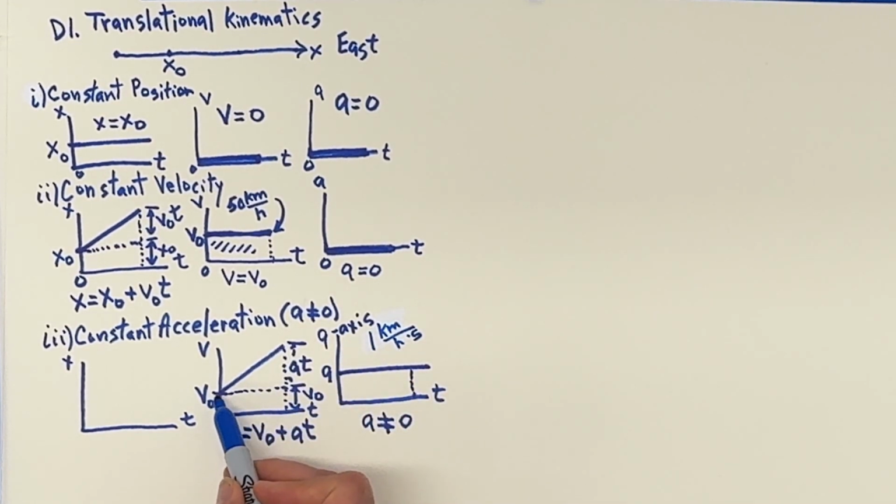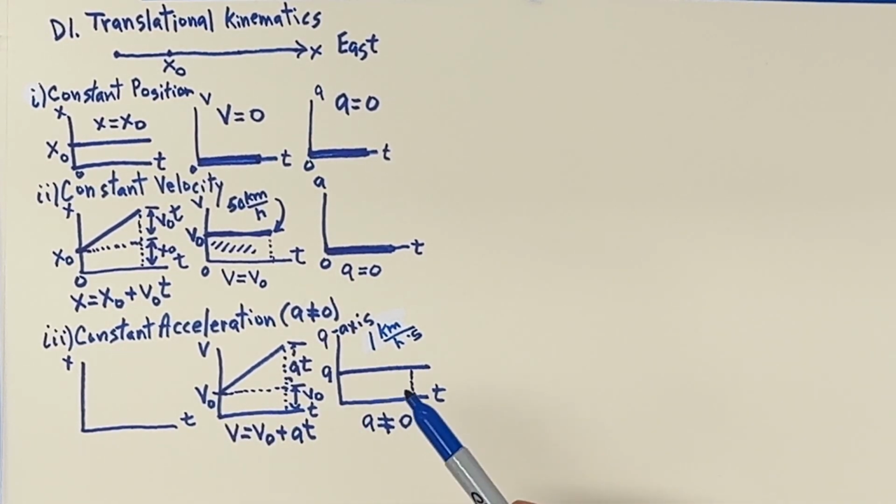We could say we started with some velocity V naught, say 50 kilometers per hour. So that would be then 54 kilometers per hour. Just think of the speedometer in a car going up an additional kilometer per hour every second. Or if you want to think in miles, you may be going 50 miles per hour, but then every second you gain a mile per hour.